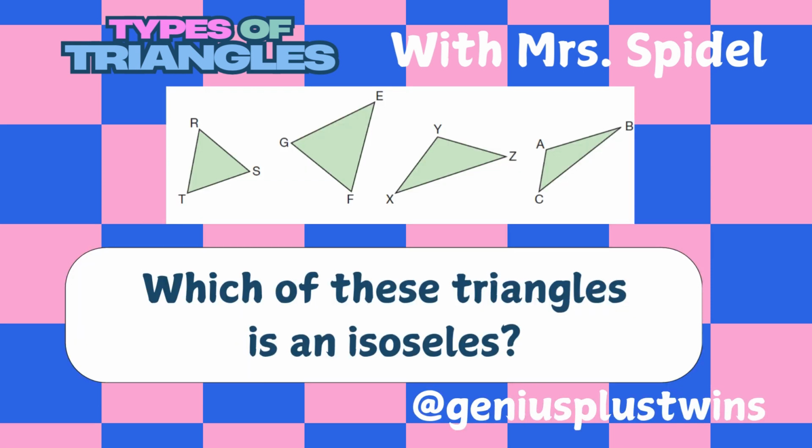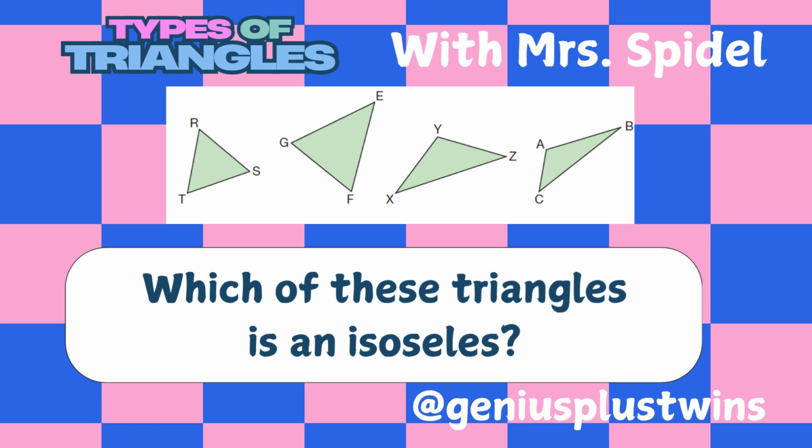Next up, look closely at this one. Which of these triangles is an isosceles triangle? Remember, an isosceles triangle has exactly 2 equal sides. You may also choose to use a ruler to help you out here.